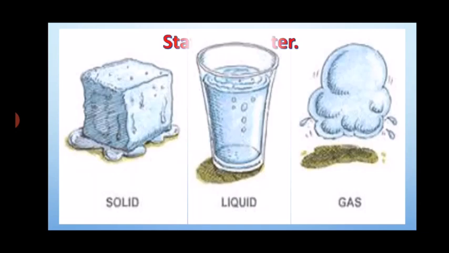So we have the solid form of ice, the liquid form of water, and the gaseous form of water, isn't it? So these are the three states of water: the solid state, the liquid state, and the state of gas.